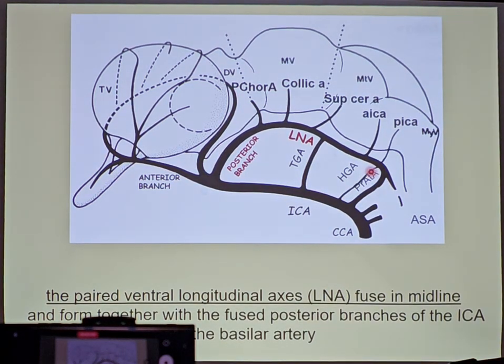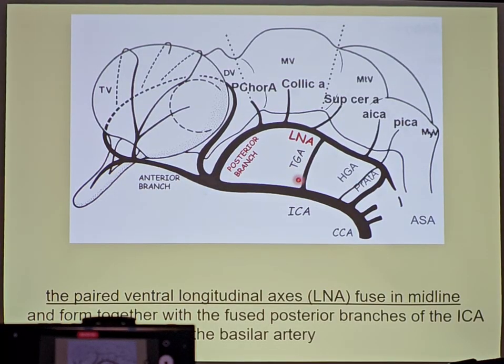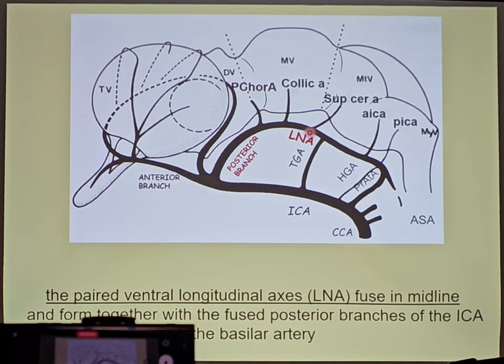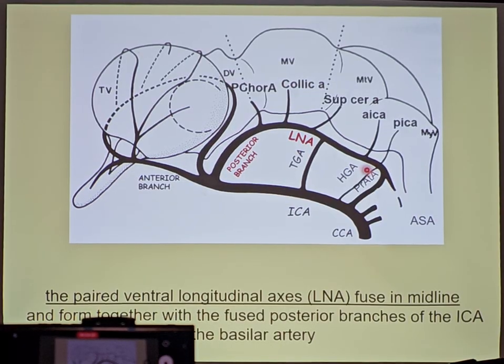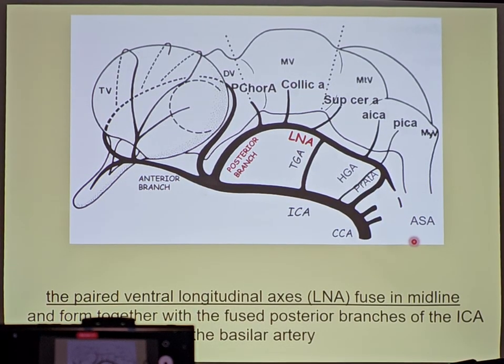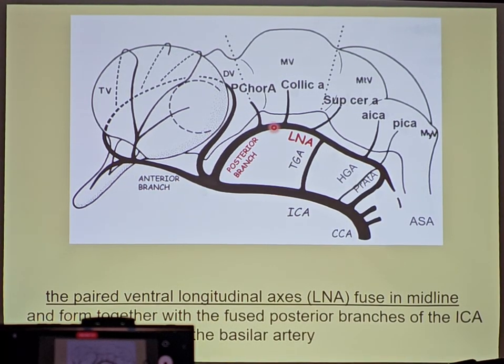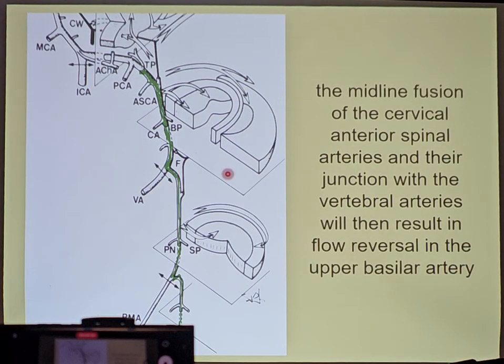And we've seen the hypoglossal, the trigeminal artery, etc. So these longitudinal neural axes will fuse in the midline, on both sides, and represent the upper extension and the continuation of the anterospinal arterial system, forming the basilar system. And originally, as I said before, the internal carotid artery is supplying all of that, mostly from above, through the posterior fusion between the posterior branches of the internal carotid artery, the future posterior cerebral artery.